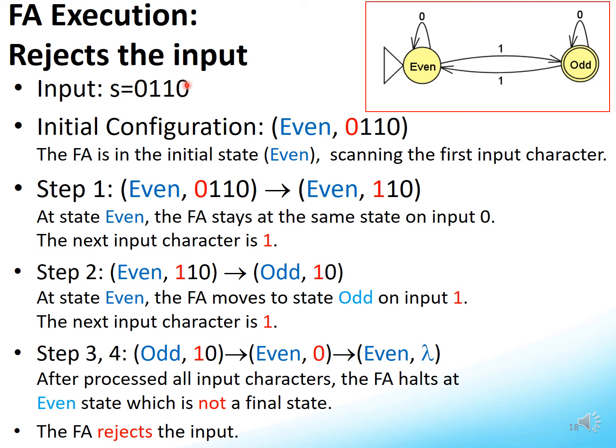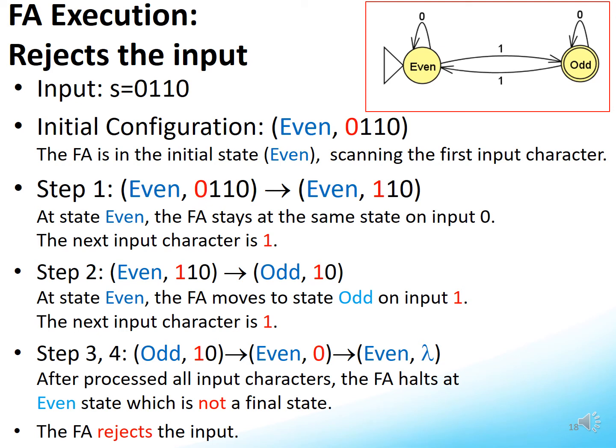The machine starts in the initial configuration, which consists of the initial state even, and all the input placed in the input reader. At this initial configuration, the machine in the state even reads the character 0, and it will stay in the even state. The 0 has been processed, so it disappears.